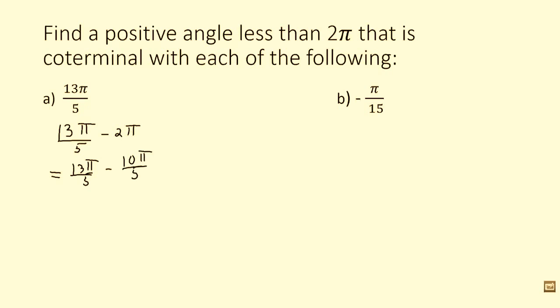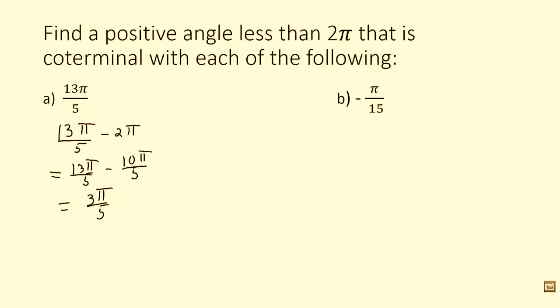So now we can simplify. 13 pi minus 10 pi over 5 is 3 pi over 5. So an angle that measures 3 pi over 5 is coterminal with an angle that measures 13 pi over 5.